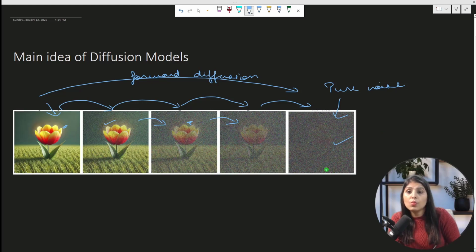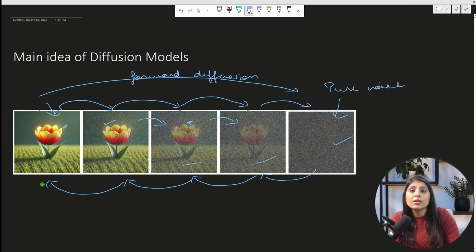And then our model will learn how to reverse this process, means from this pure noise how to get this kind of image, and then from this image how to get this kind of image, and then from there how to get this kind of image, and finally you will get the input image without any noise.